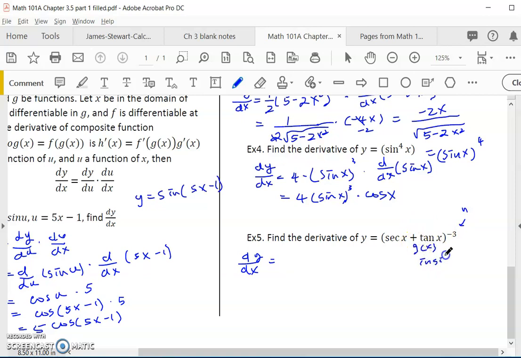So we would just pretend that it is something to the n. So n would be in the front, multiplied as a coefficient, and then the inside I just copy, secant x plus tangent x. And then what power would I have? It will be negative 3 minus 1, which is negative 4, times d/dx of secant x plus tangent x.